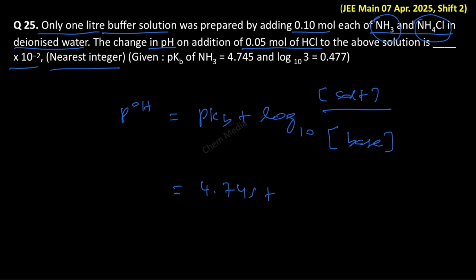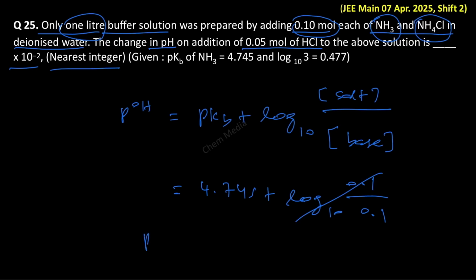Initially what we have is 0.1 molar, isn't it? Because 0.10 mole divided by 1 liter. So initially we have 0.1 molar of salt as well as base. So 0.1 divided by 0.1, that is log 1. So that would be 0.